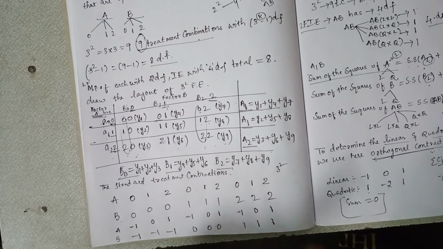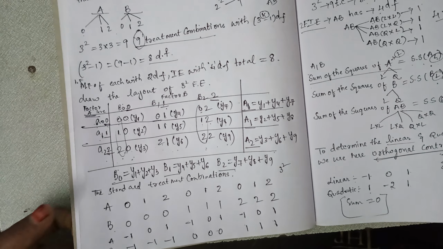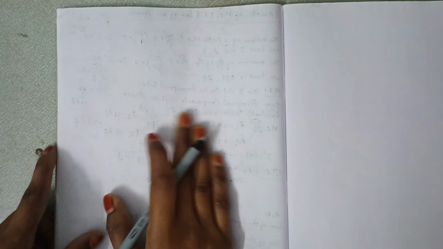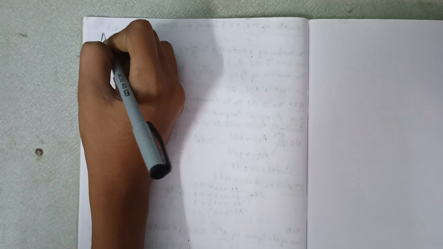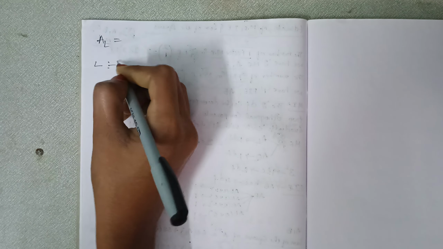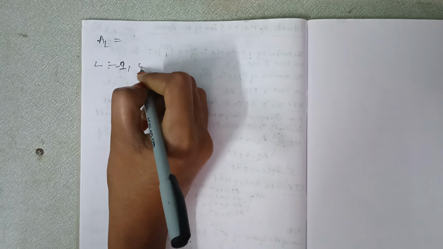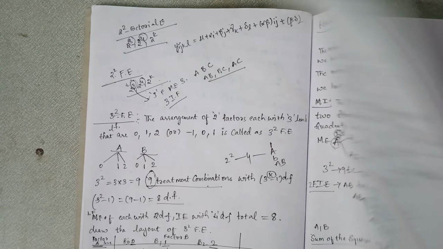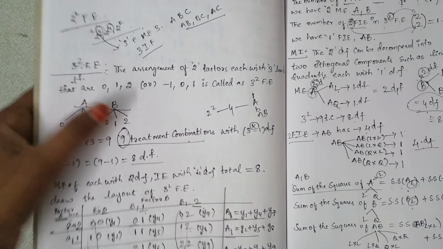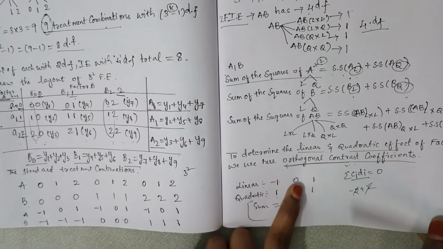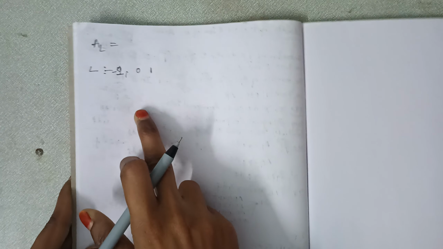This we are going to use to estimate the linear effect of A and B. So now the linear effect of A, the linear coefficients here are -1, 0 and 1.